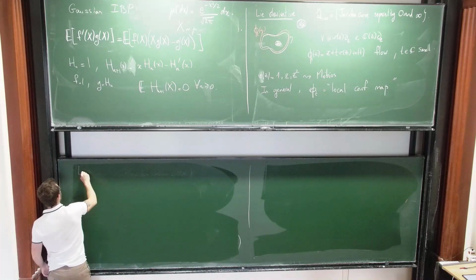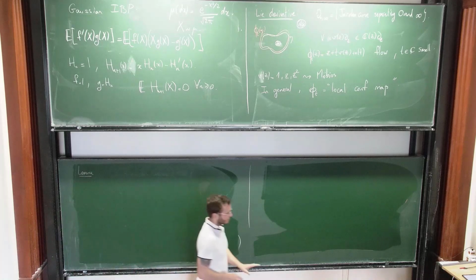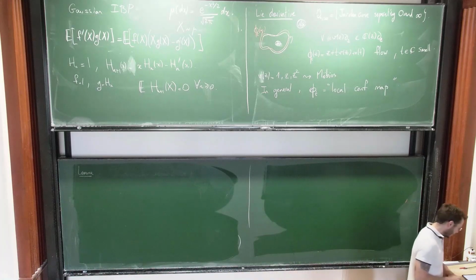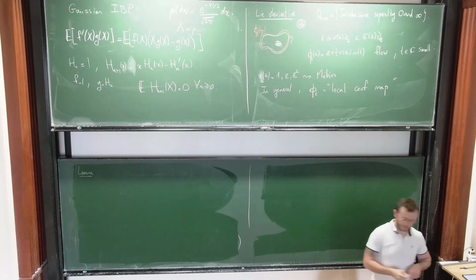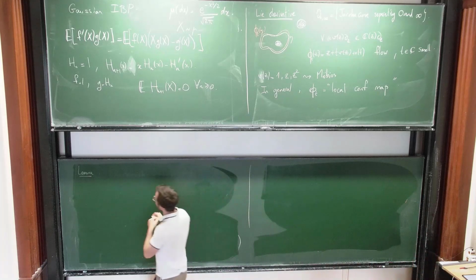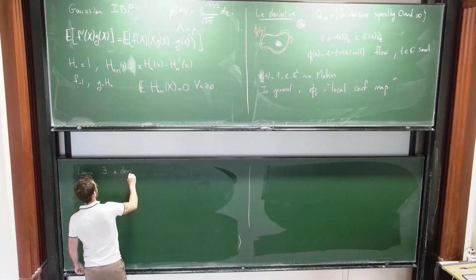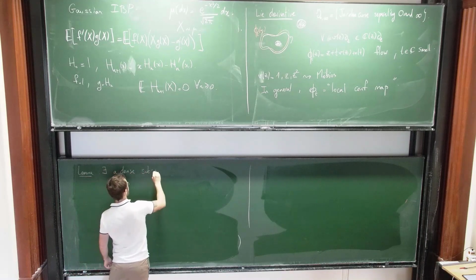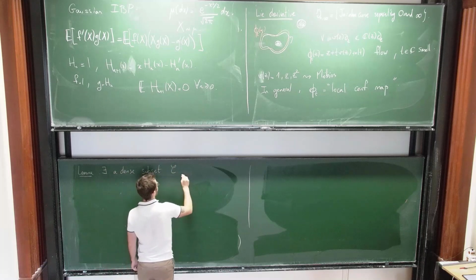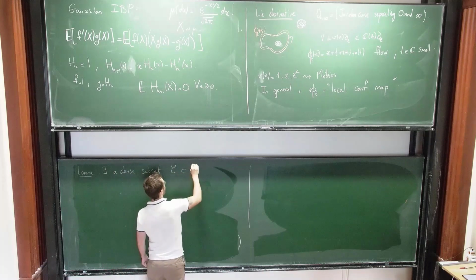So the lemma, which is about the existence. So the lemma: there exists a dense subset C of L2 of nu.